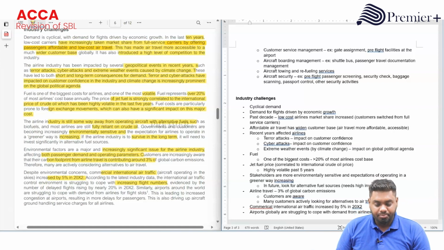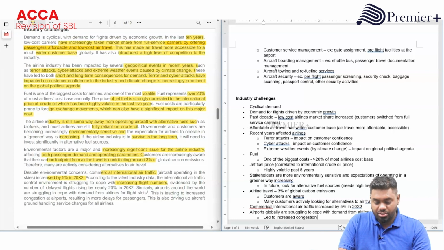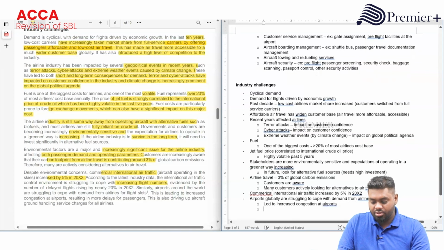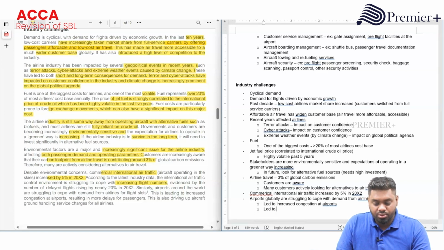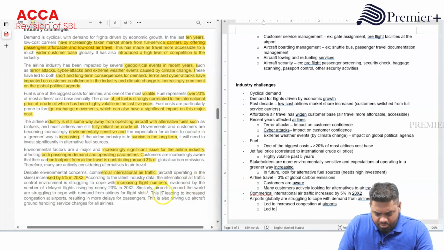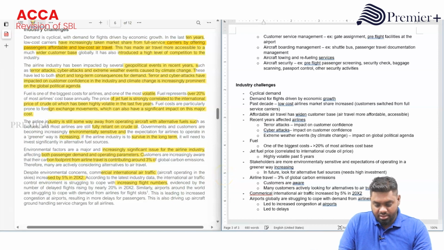This has led to increased congestion at airports, led to delays for passengers.